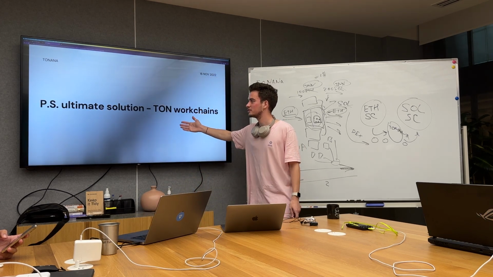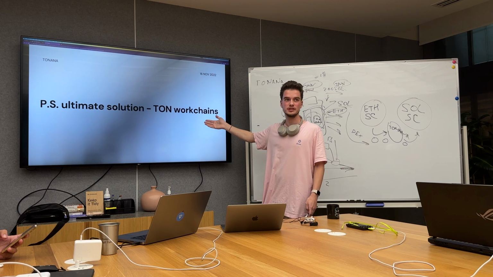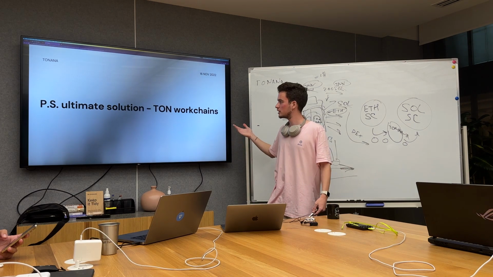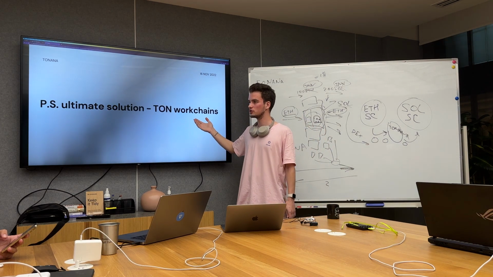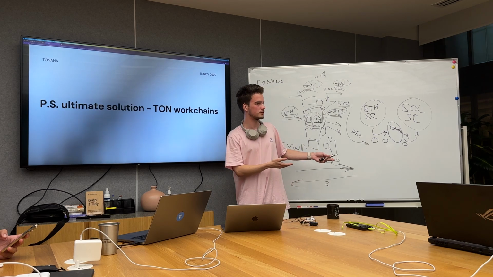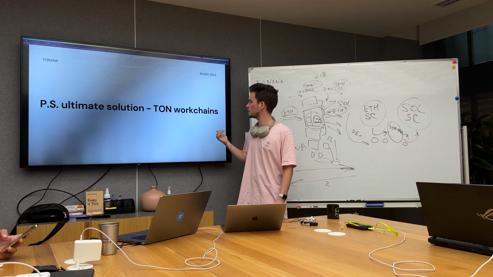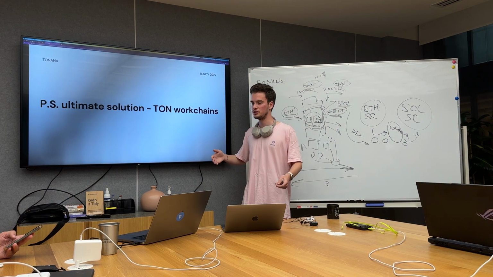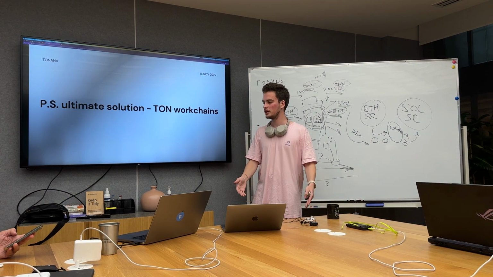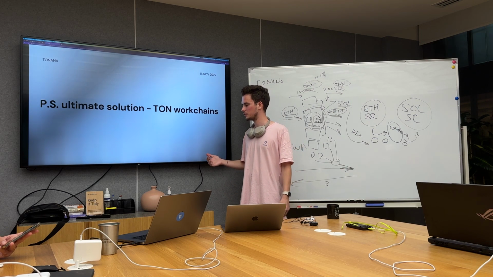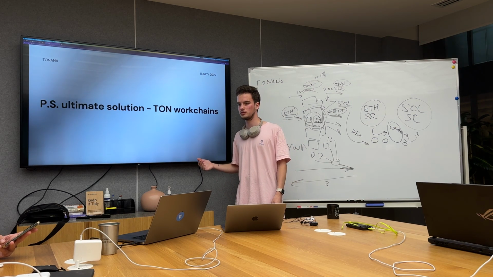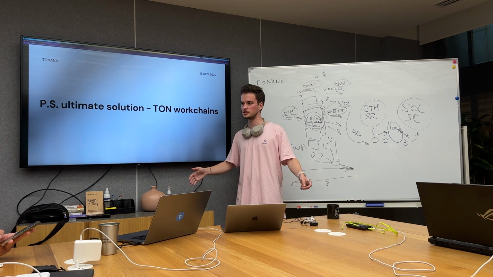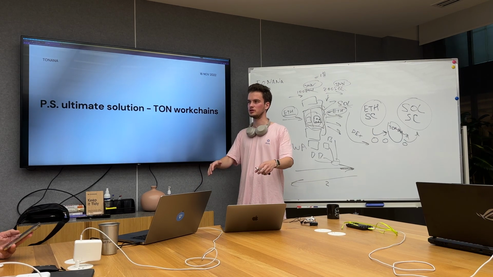Basically, the next slide. The ultimate solution is TON workchains, but they are not working right now. So the ultimate solution is to have TON consensus and basically do the same stuff with workchains. You can write an EVM machine inside the TON blockchain, and that way you will be able to set up your own decentralized system inside it.